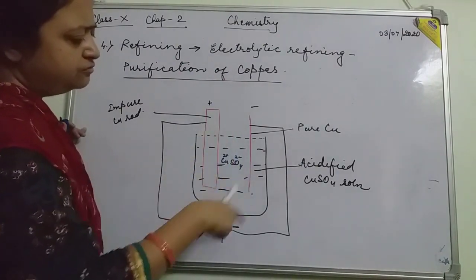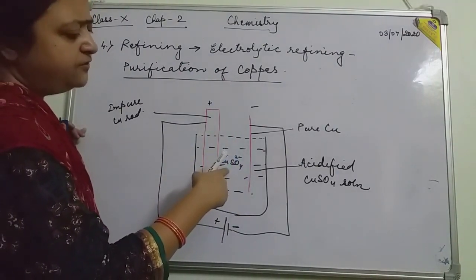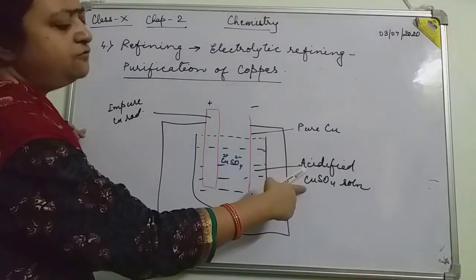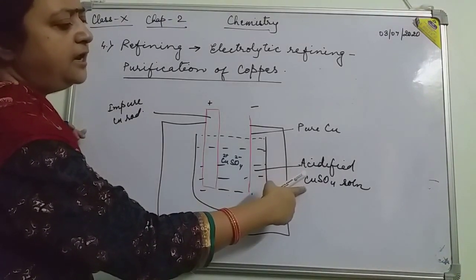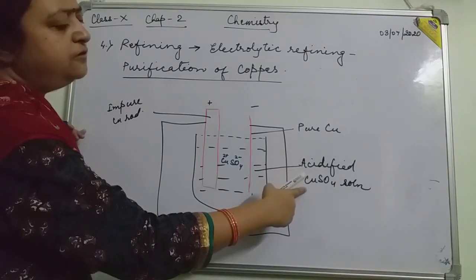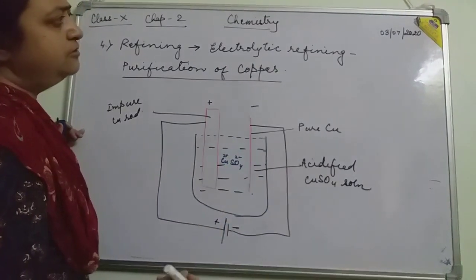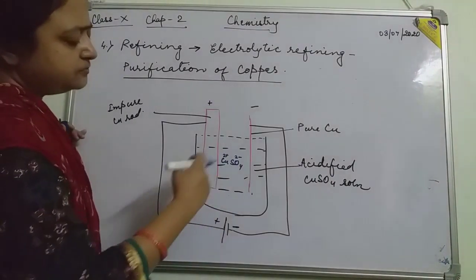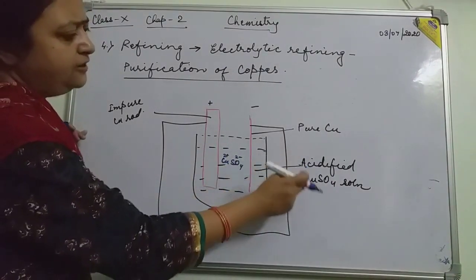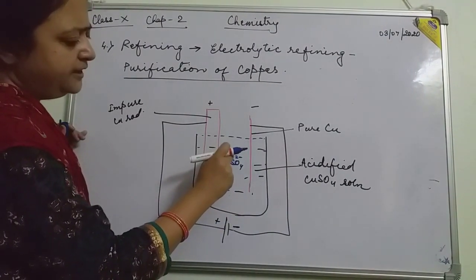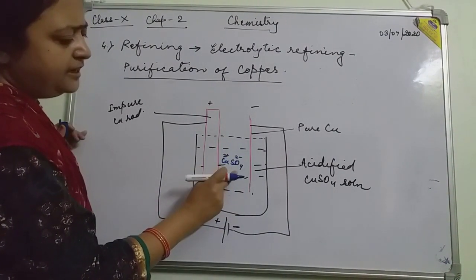And the water used to mix the copper sulfate is distilled water. This solution is of distilled water plus copper sulfate, and then add some amount of sulfuric acid, like 20 ml of sulfuric acid in 250 ml of water.